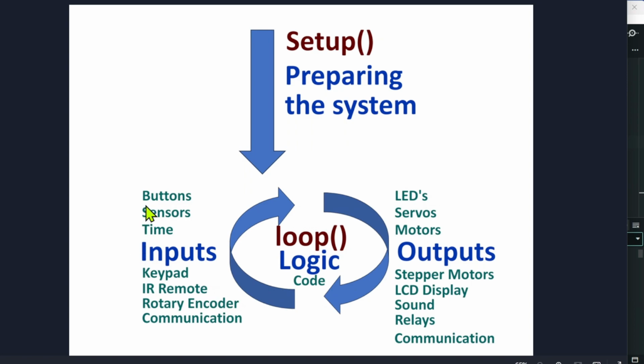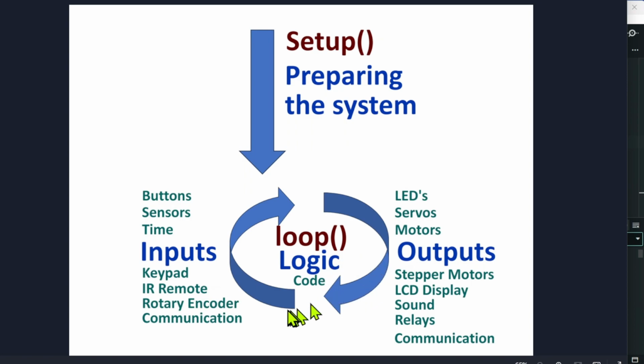With our loop, the idea is that we are constantly reading from our sensors, our inputs, and we are constantly controlling our outputs. Our logic code is making decisions based on the inputs and deciding what to do with its outputs.